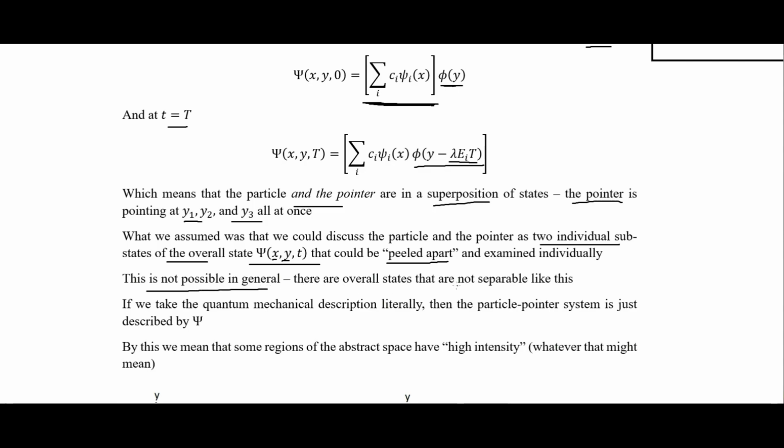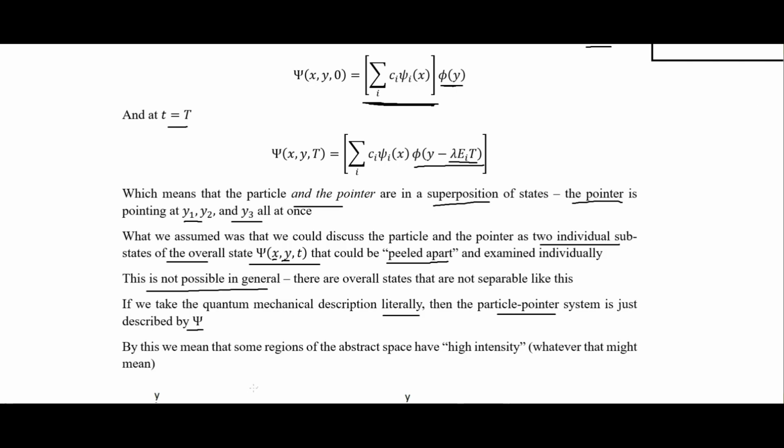There are overall states, such as entangled states, that are not separable like this. So if we take the quantum mechanical description literally, then the particle-pointer system is just described by psi. It's not described by two separate things. It's described only by the overall wave function psi.